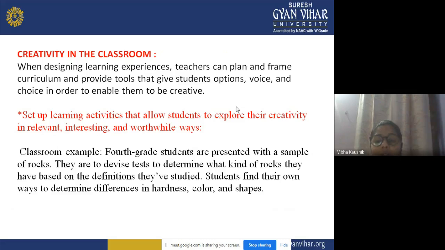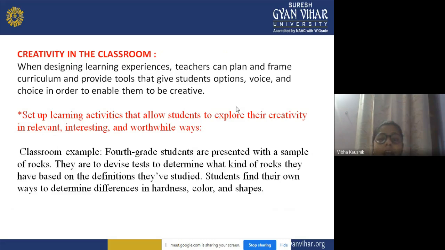You will present them with a sample of rocks. They are to test them to determine what kind of rocks they have, based on the definition they have studied. Means you have given them the samples of rocks, and the students have to determine what kind of rocks they have, based on the definition they have studied.